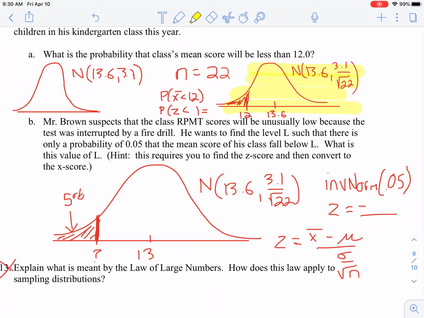If you put in these numbers, I'll show you what some of them are. I don't know what the z-score is, I'll make you do that one. But the average is the 13.6. This is the 3.1 over square root of 22. And then the z-score is what you find right above. And if you solve that for x bar, you get what score that relates to, that 5th percentile.